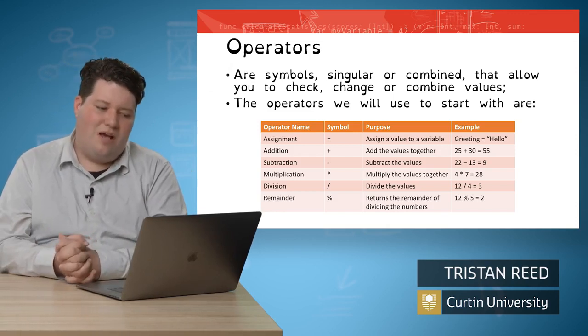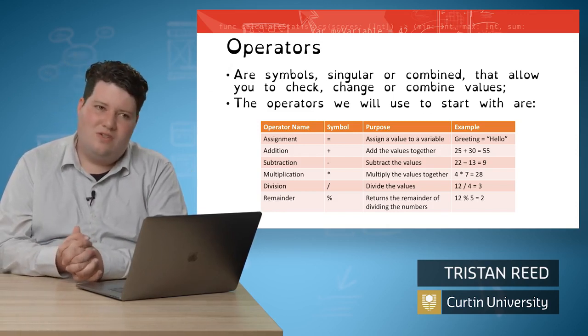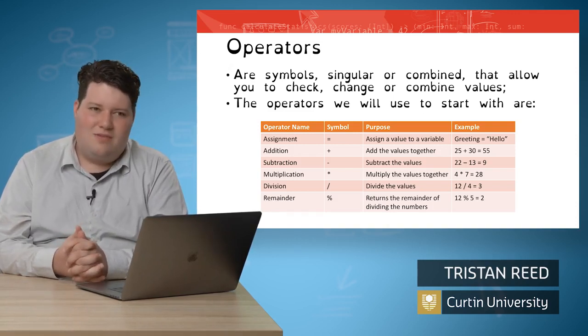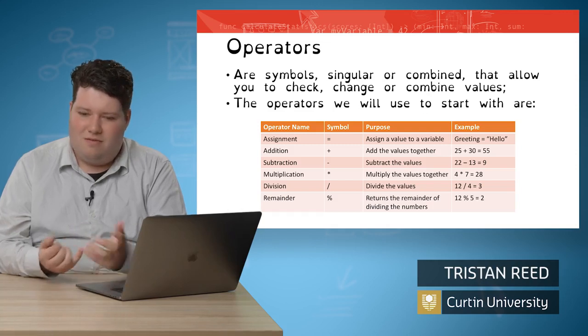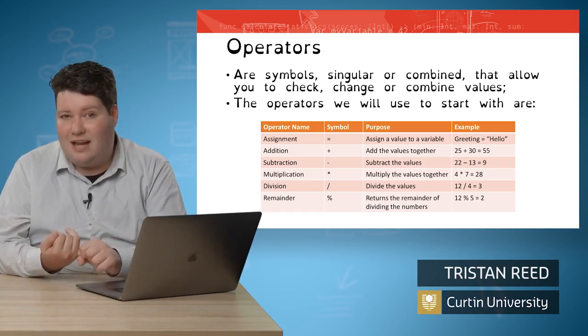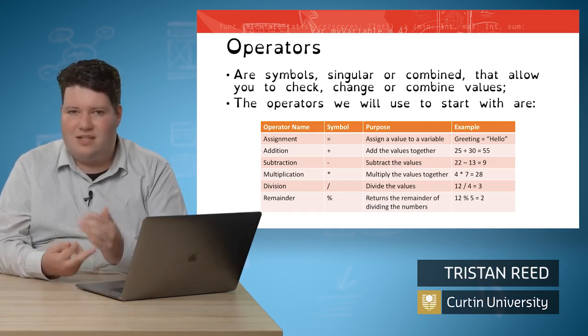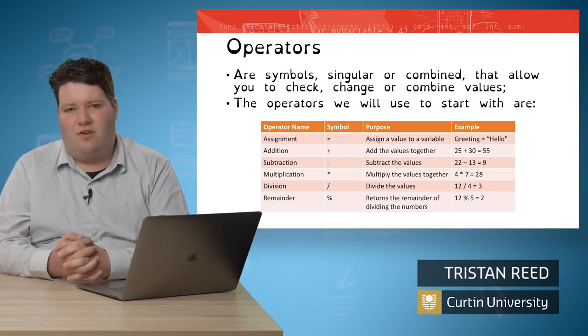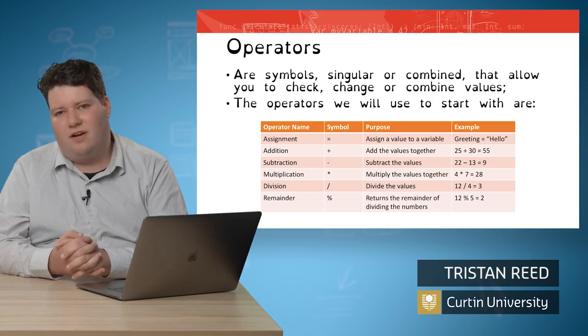But we also have a whole bunch of other different operators we can use to do different mathematical functions. Now, if we know the basics of maths, we have a lot of different things we can do, but some common things in maths, we might want to add numbers together, subtract numbers, divide numbers, and multiply numbers. So we're able to do that using different operators if we have multiple variables.